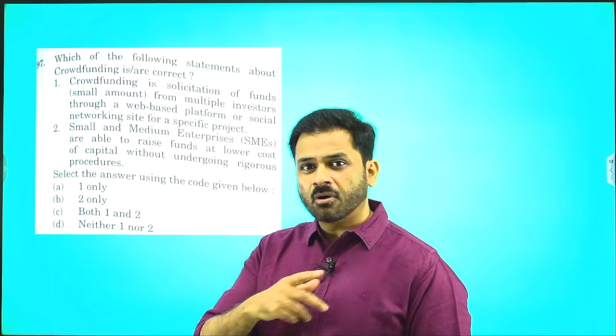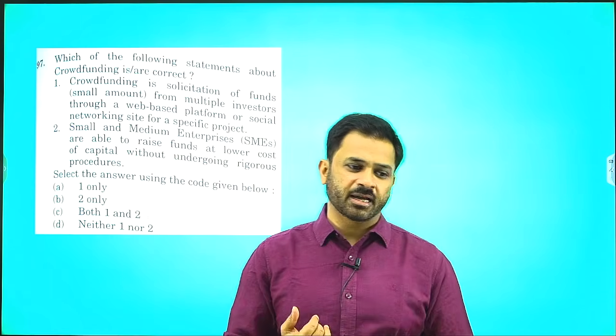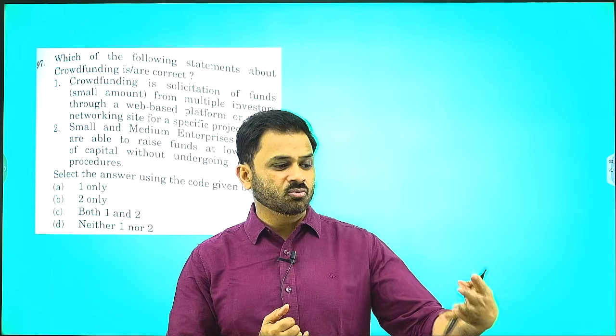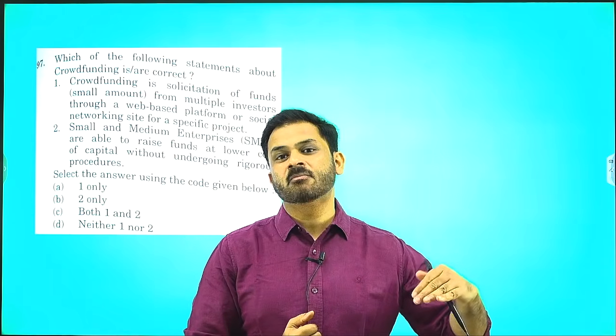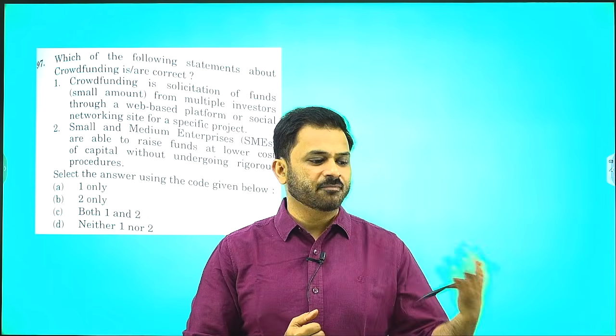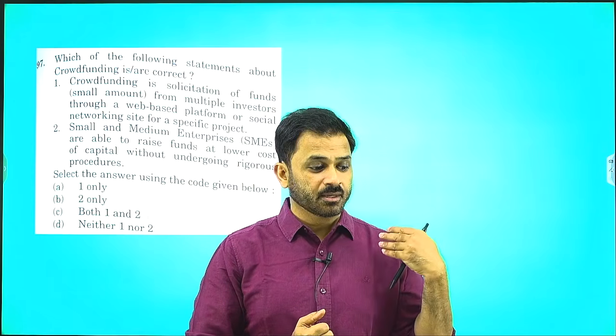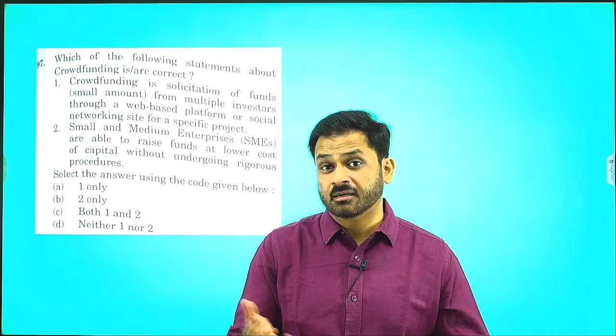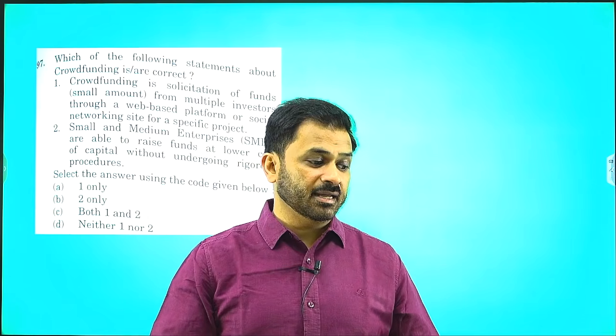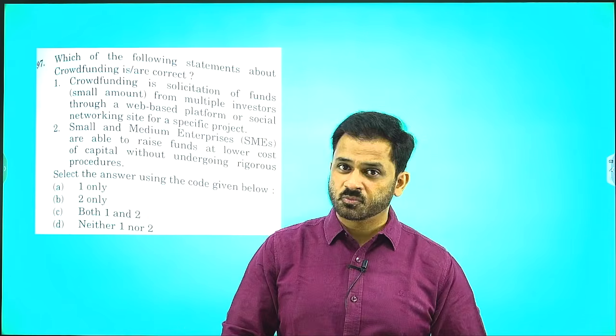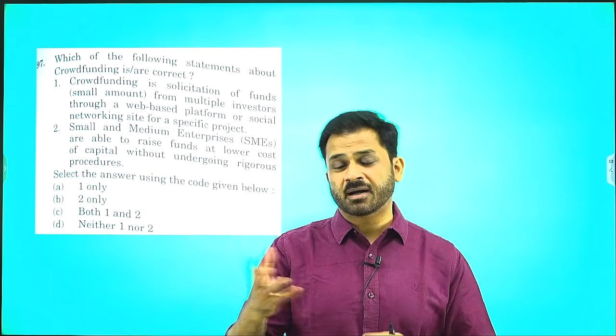There can be different models of crowdfunding. Crowdfunding can be reward based. That means those who are giving you the fund may get some reward. Maybe some preference out of services or products which will be produced. They can be early buyers, or maybe they can easily subscribe to those products in comparison to other people. So that can be reward based.